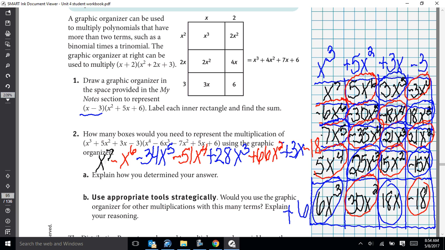No one wants to do it, but someone's got to do it. And I think with this one, the graphic organizer definitely makes something like that easier.